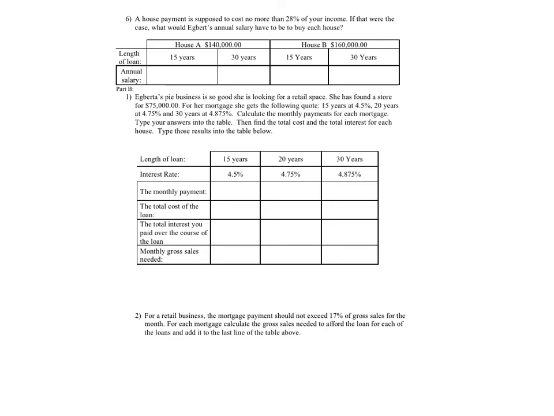Then in problem number 6, you are still with that same Egbert example. You are now finding how much Egbert's salary needs to be in order to afford that house. A general rule of thumb is that your house payment should not be more than 28% of your income. So I'm going to write that verbally: 28% of my income is my monthly payment.